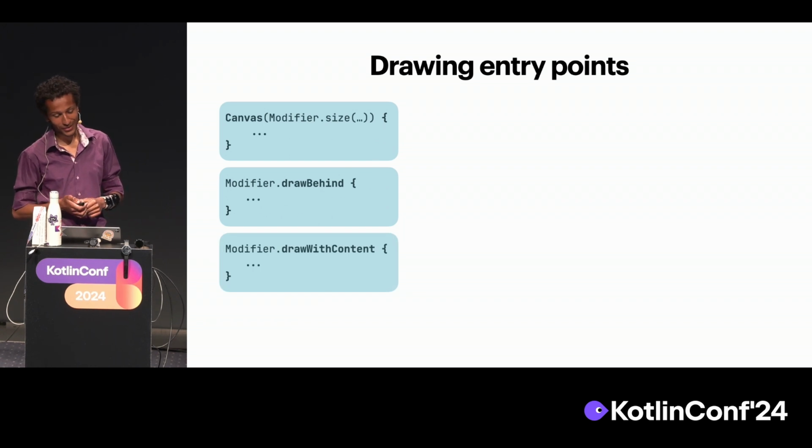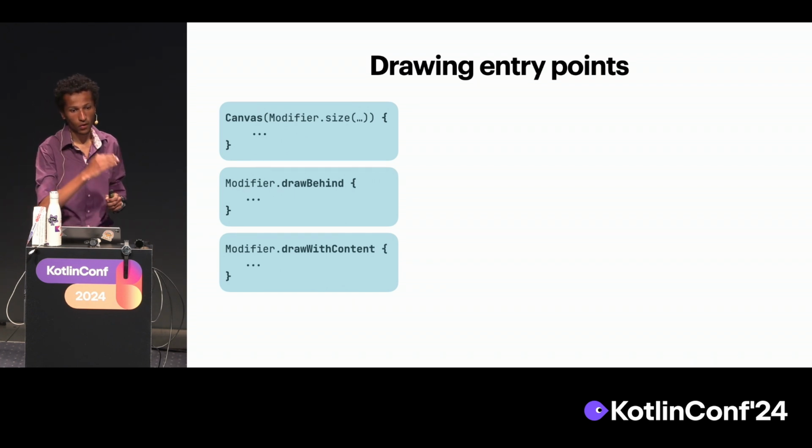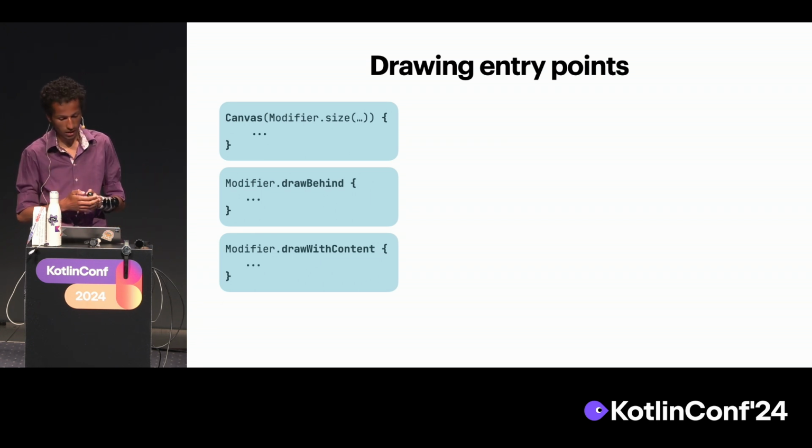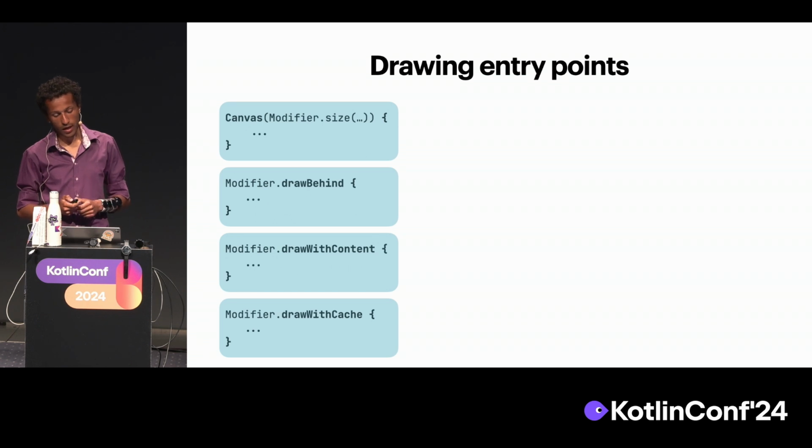You have drawWithContent, which allows you to decide when the content that this modifier applies on is drawn. If you want to do it before, after, maybe in the middle, so draw something at the top and behind all at once. There's also drawWithCache, which helps you cache the size and some other stuff.